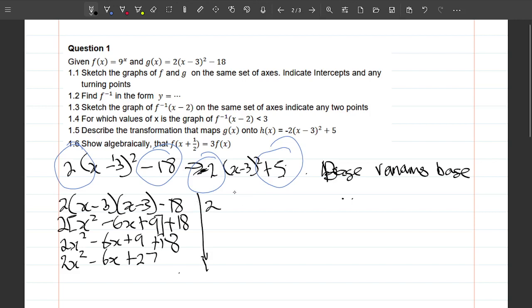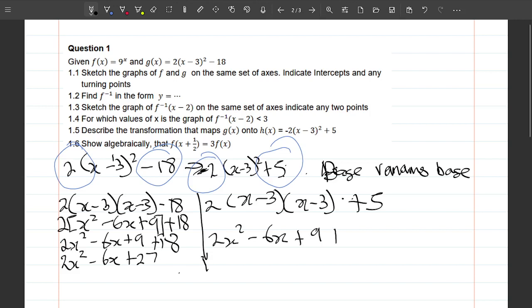So I'll be opening two brackets, x minus 3 and x minus 3, plus 5. I'm still going to end up with 2x squared minus 6x plus 9, however I'm going to have plus 5.